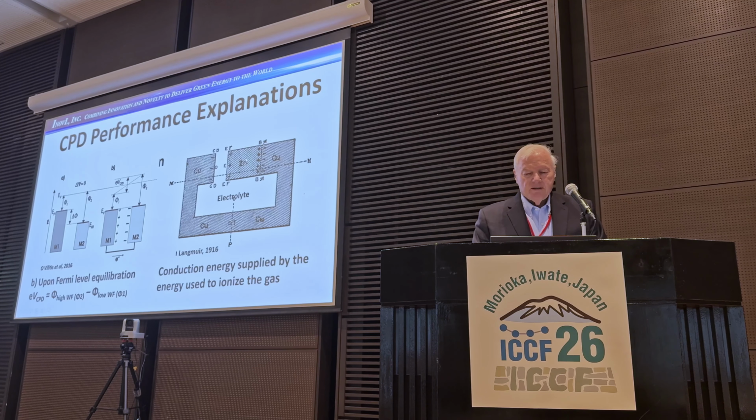And Langmuir in 1916 demonstrated this with zinc and copper connected right here, and in a space, an electrolyte. The electrolyte he was using was ionizing radiation to ionize particles. So with this electrolyte, he was conducting a current. And so this is what happens when you have the ions in between different materials with Fermi levels.